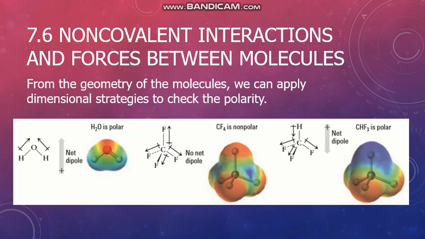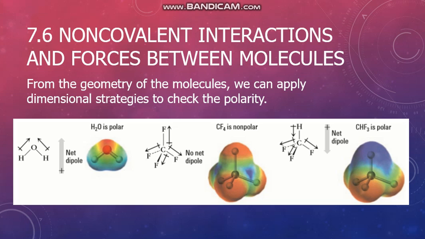From the geometry of the molecule, if we can now draw the proper Lewis structure for molecules, we can apply the dimensional strategies to check the polarity. Again, we all know how to determine the polarity of a bond.